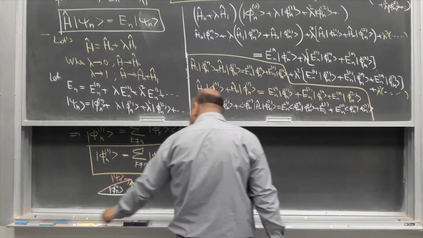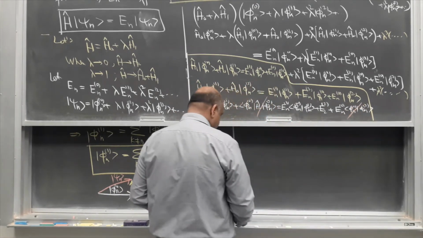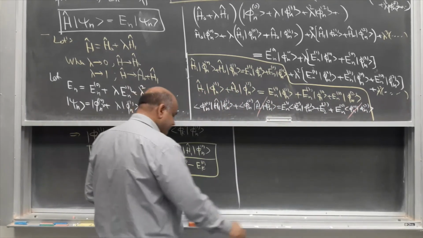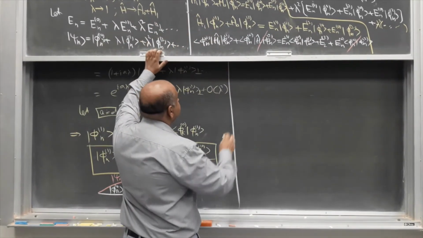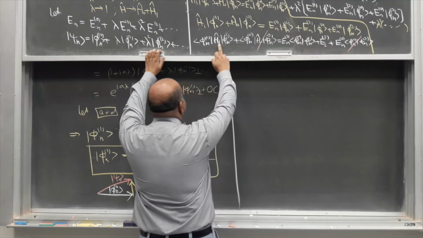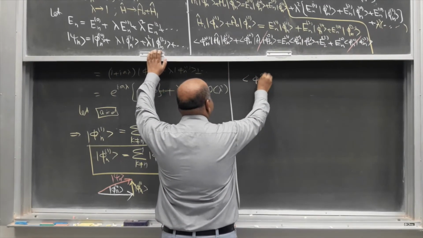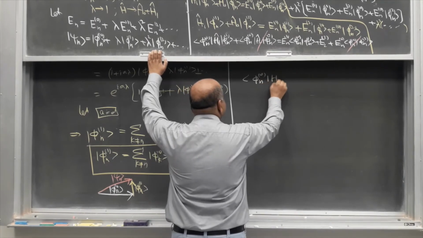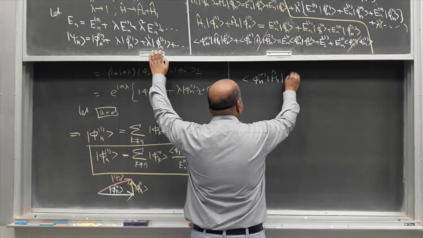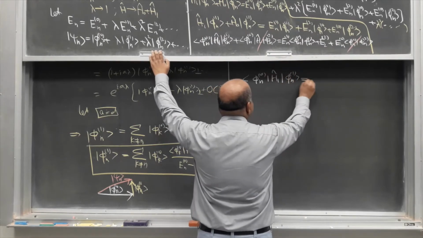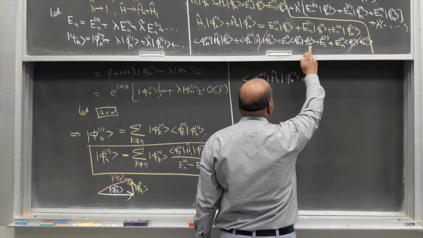So this cancels with this one, and we have, from here, this H1, I don't know how it operates, so I'm going to write it phi n0, H1, phi n1. This is equal to this thing, so this is phi n0, phi n1.